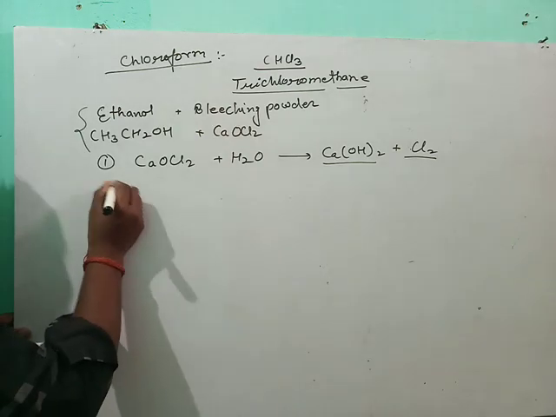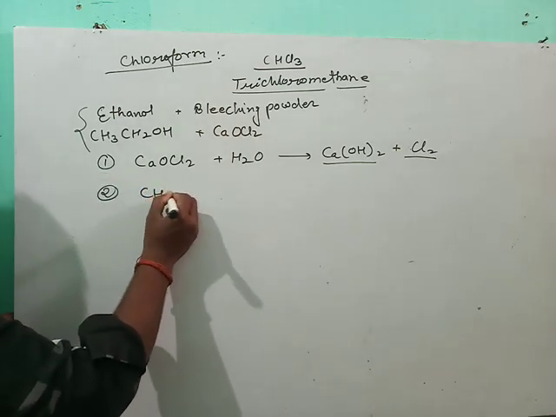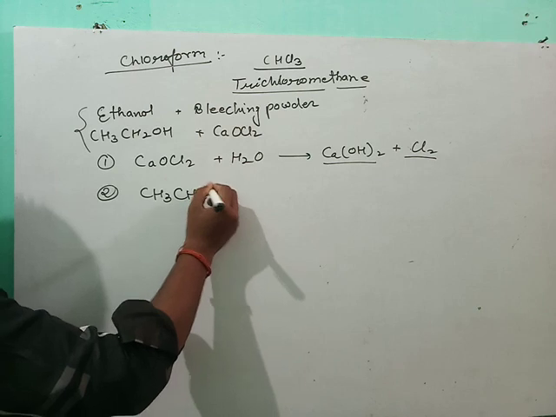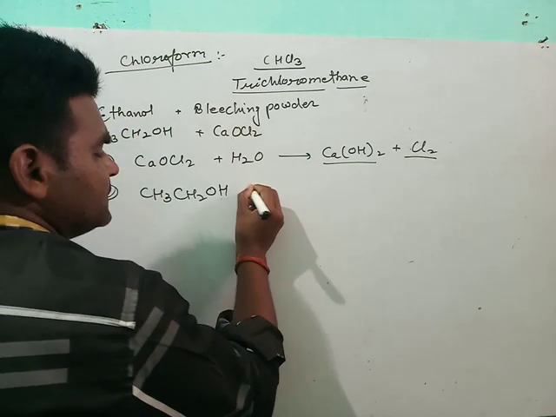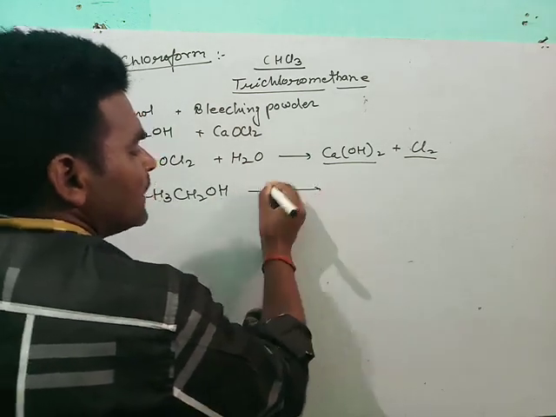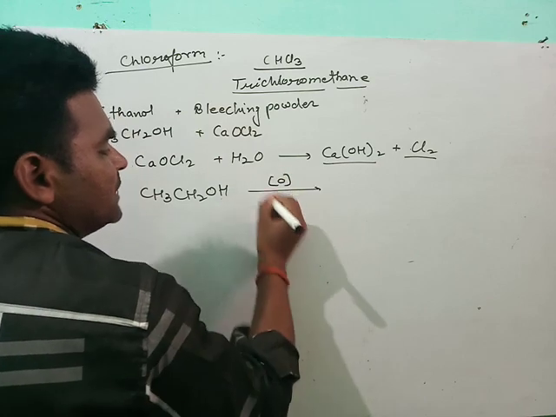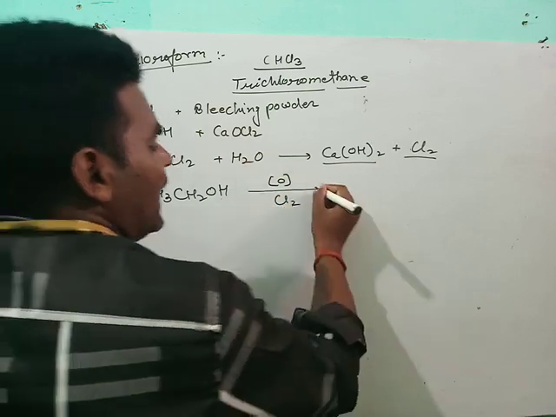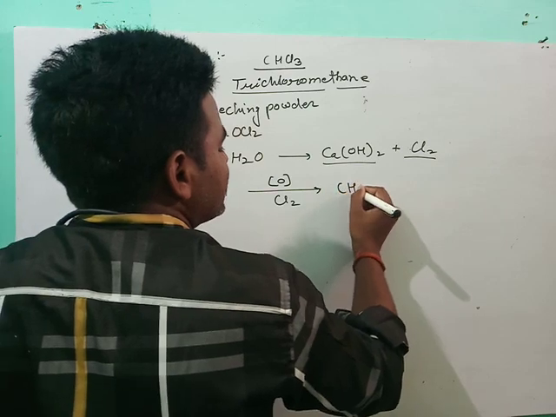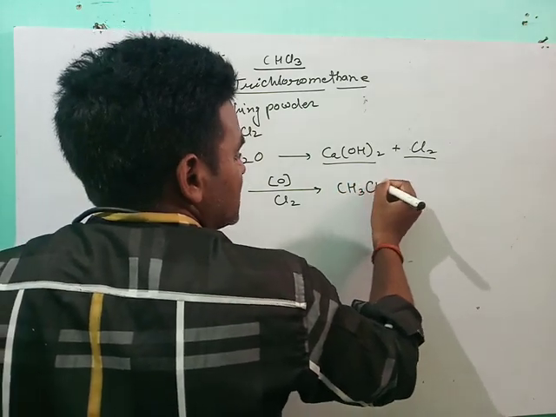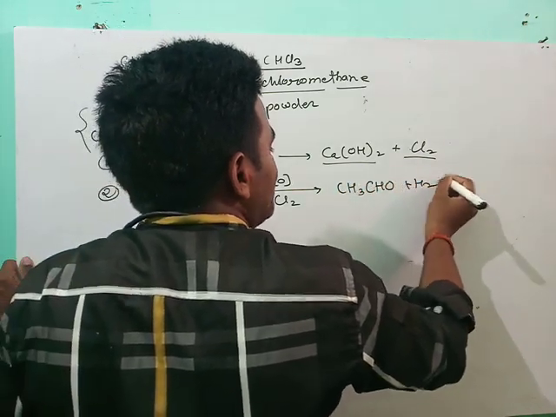And the second step of the reaction is ethanol, CH3CH2OH, is oxidized in the presence of chlorine and it is converted into CH3CHO and H2O.